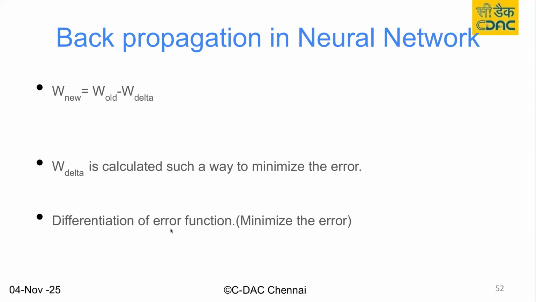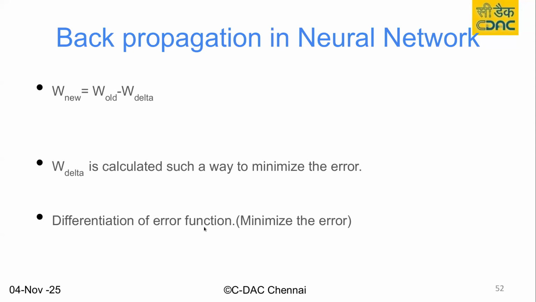So you might have studied minima and maxima in your mathematics classes, where you use d by dx, differentiate, and calculate x with respect to y. Some calculations you might do to minimize and find out the minima.